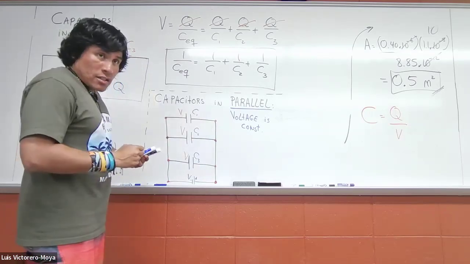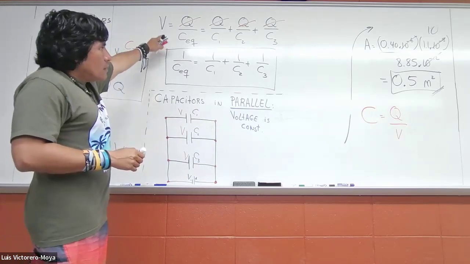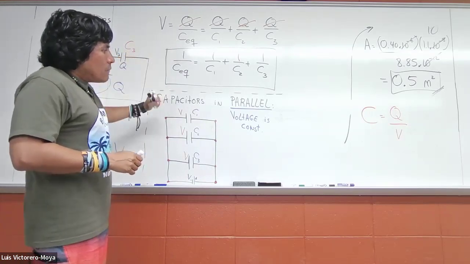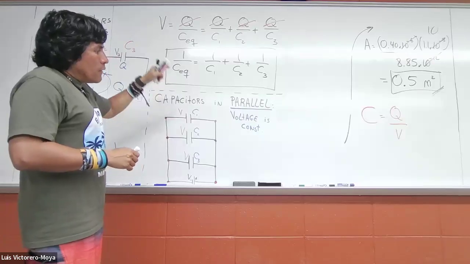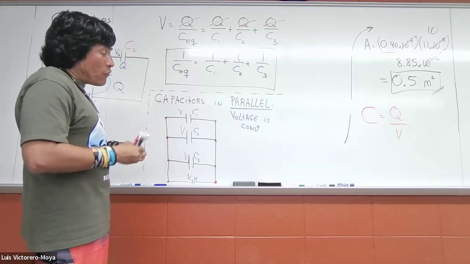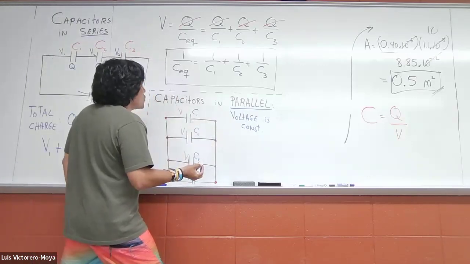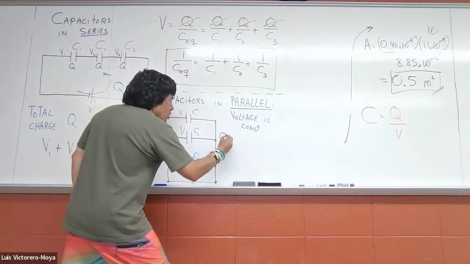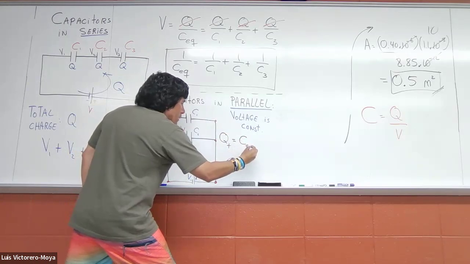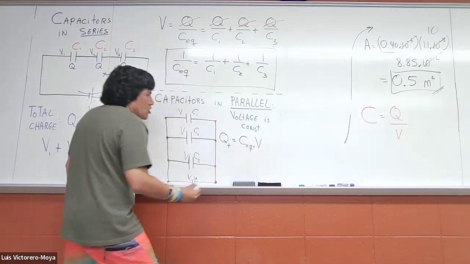The charge now splits. In series, the voltage splits, the charge is constant. In parallel, the voltage is constant, the charge is divided among the branches. So what is charge? The total charge is equal to C equivalent times the voltage.